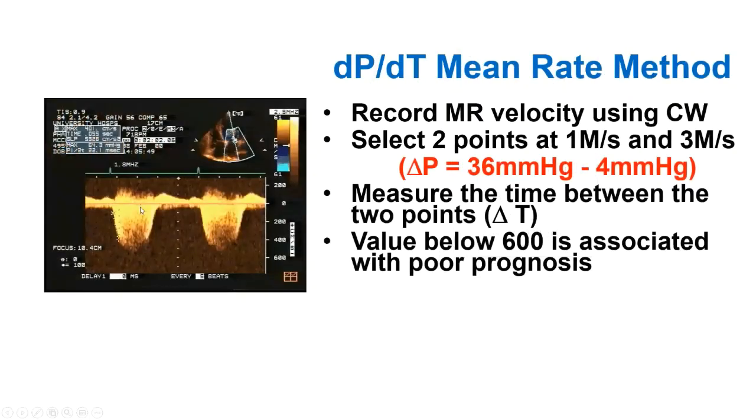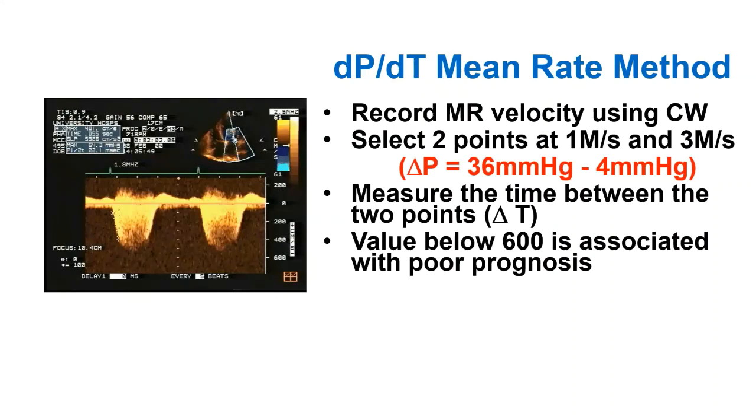There's another method that is an indirect method of assessing left ventricular function, and that is the rate of rise of pressure in the left ventricle utilizing the continuous wave envelope of mitral regurgitation.